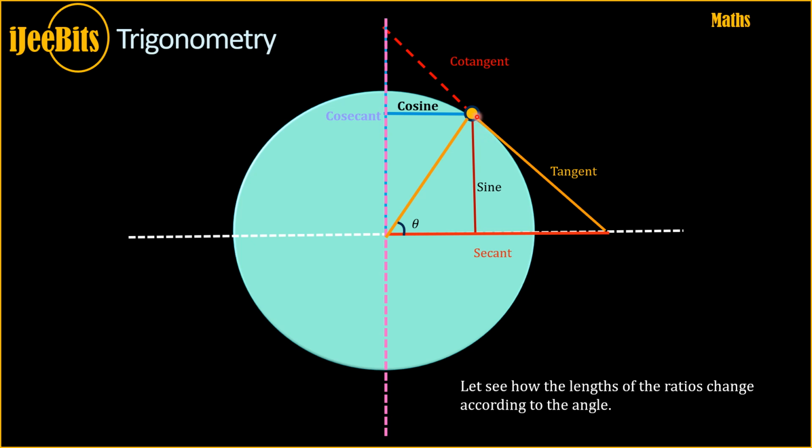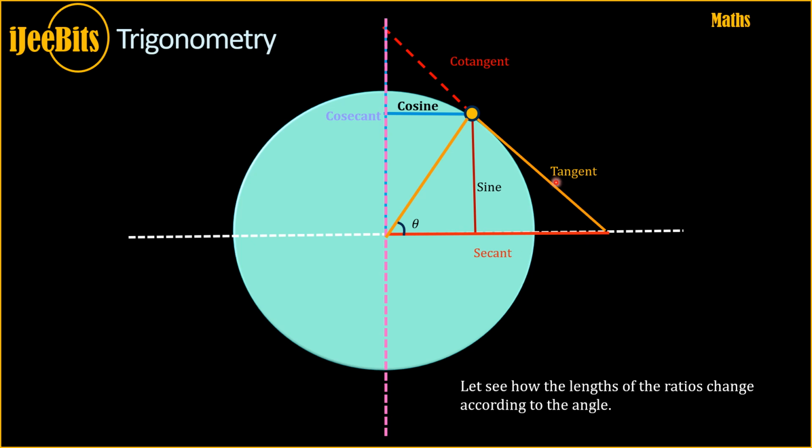Similarly, if the point moves in anti-clockwise direction with a slight change of angle, the lengths of these ratios will vary. So the observation is that the length of the ratio changes according to the angle. A few ratios will increase in value, while the other trigonometric ratios will decrease.